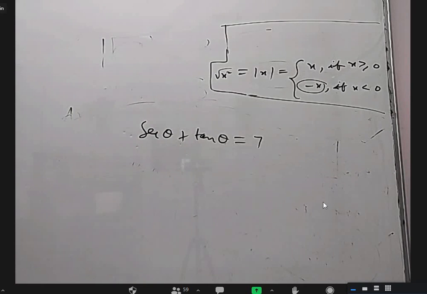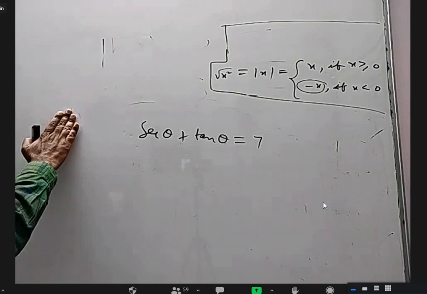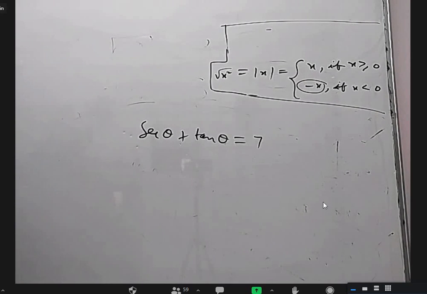Then 7 into secant theta minus tan theta is equal to 1, so secant theta minus tan theta is equal to 1 by 7. Then by adding or subtracting, we eliminate tan theta or secant theta. Here we want the secant theta value, so we eliminate tan theta by adding them.